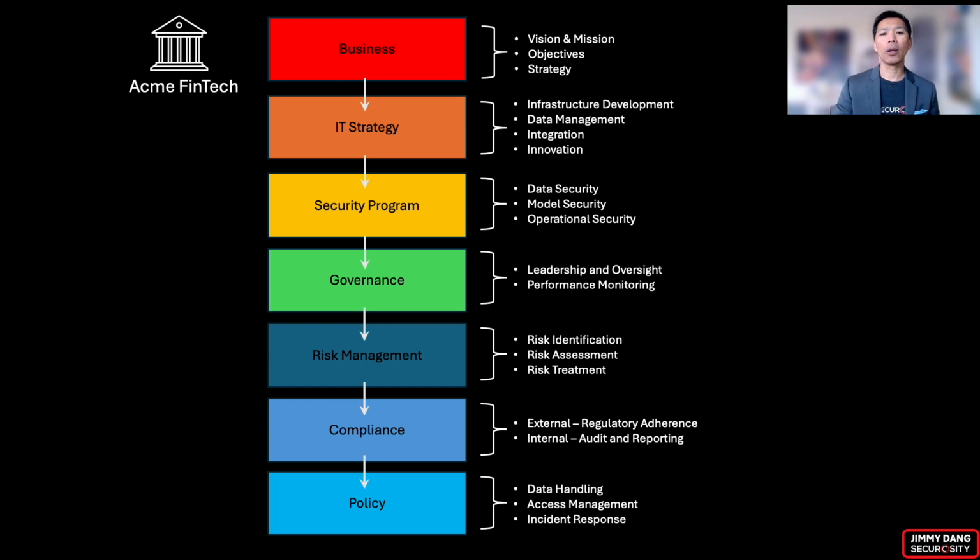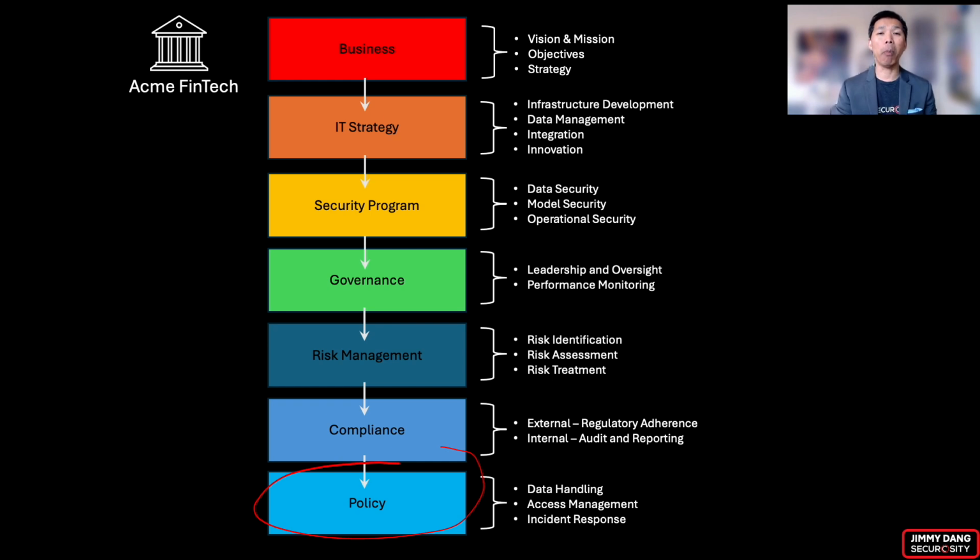And finally, we have policy. Well-defined policies provide the foundation for our security program, risk management, and compliance efforts. These policies outline the principles and practices, for example, data handling, guidelines for data collection, storage, processing, and sharing to ensure data integrity and confidentiality.